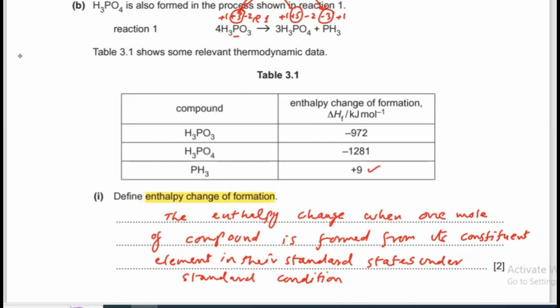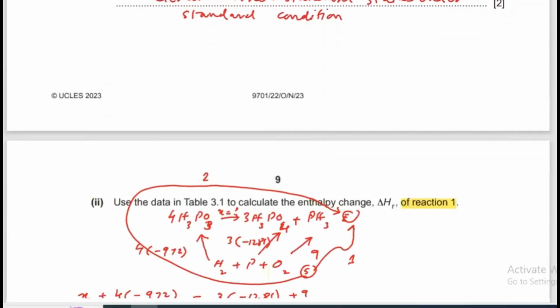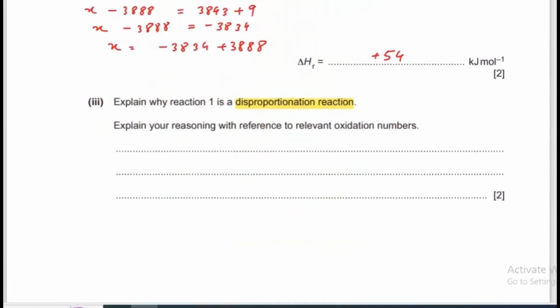That is a disproportionation reaction, because the same species, phosphorus, is oxidized and reduced in this chemical reaction. So we can say that phosphorus in H3PO3 is both oxidized and reduced simultaneously, or at the same time.